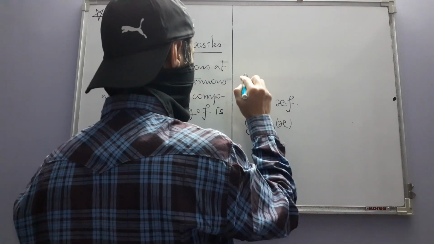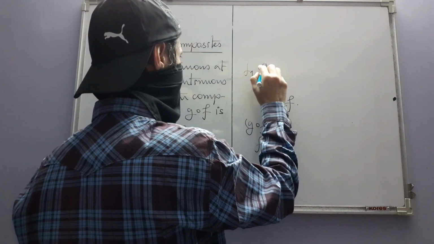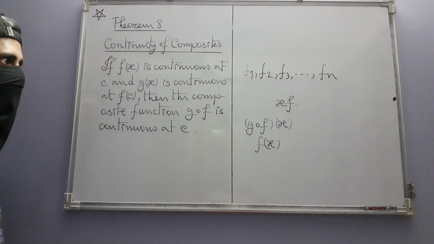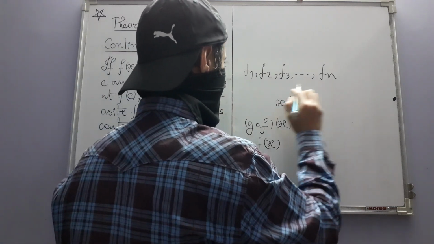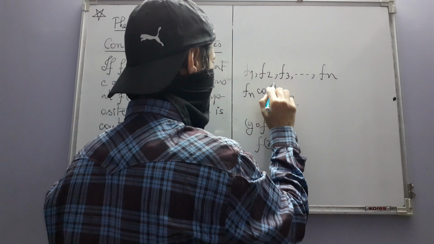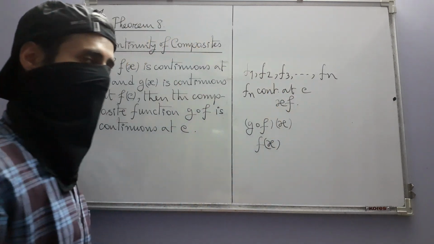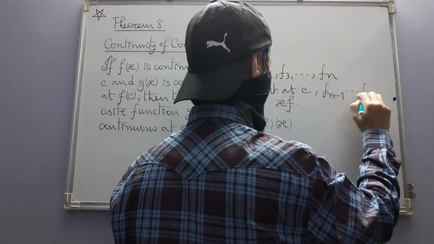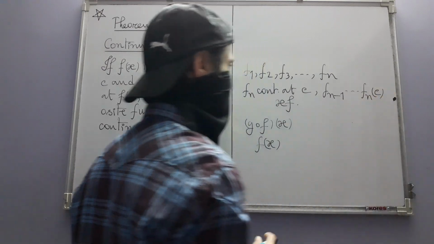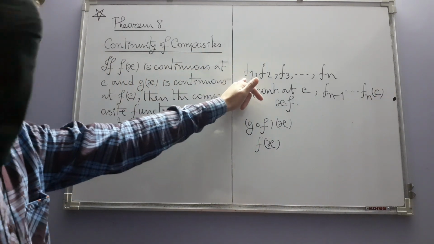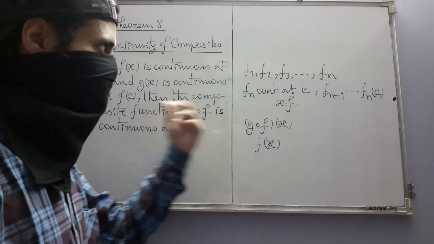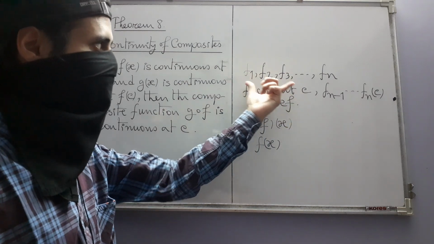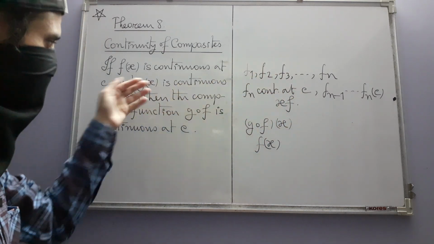Say you have functions f1, f2, f3, fn, and say fn is continuous at some point C, then the previous one, fn minus 1, is continuous at fn of C, and like that if it goes and we come all the way up to f1, then the composition of all these functions would be continuous at C. And the version of this general statement where n is equal to 2 is this one.